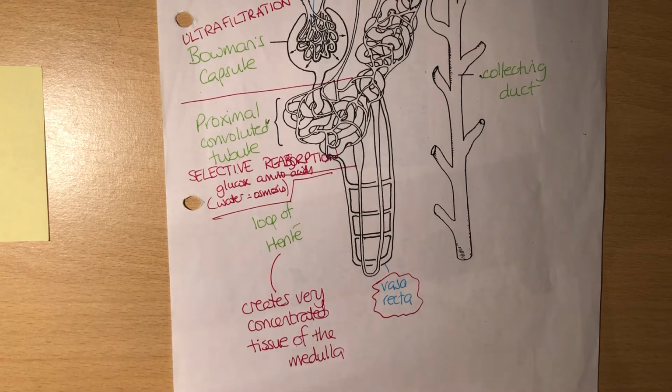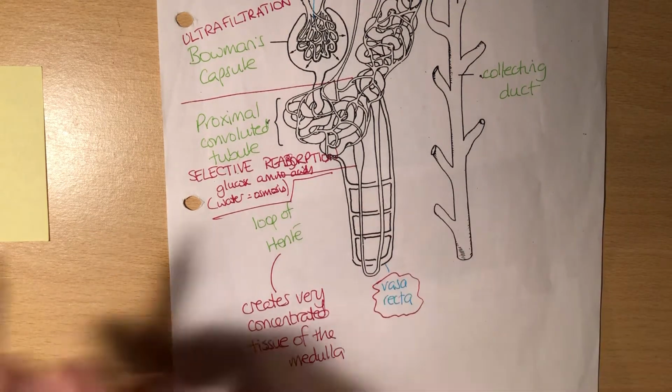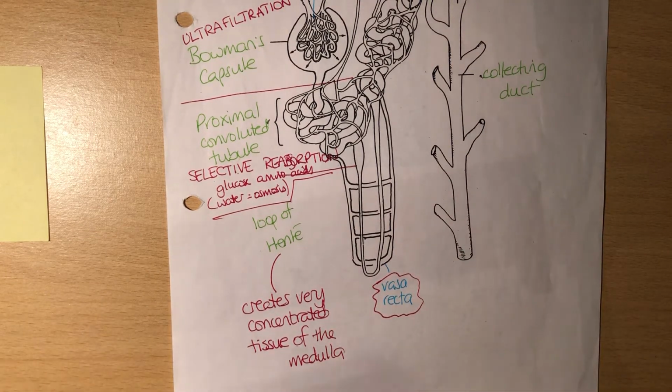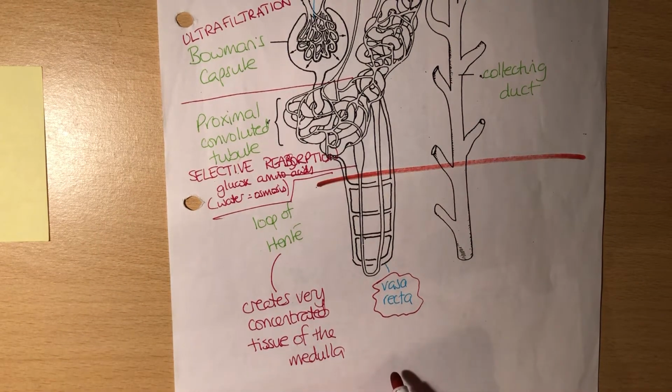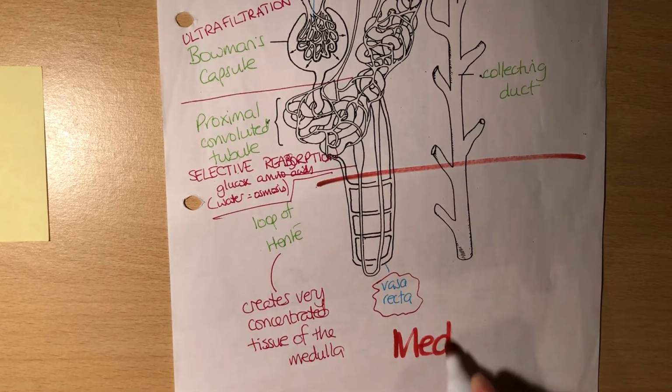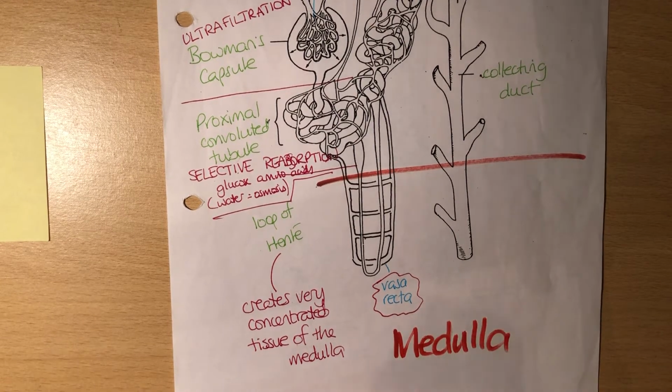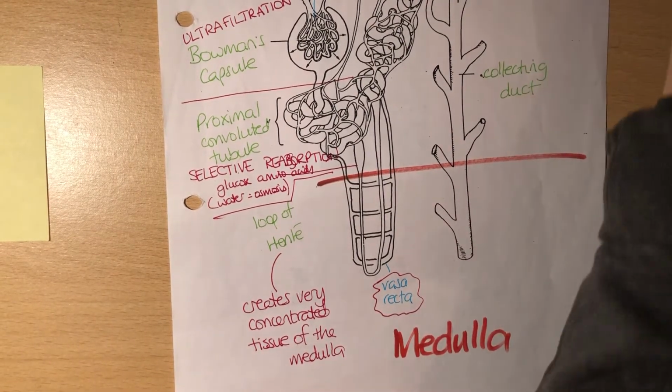Okay, so really we could draw a line. I'll just draw it with this pen here. Line across here, and this down here is the medulla. And up here then is the cortex.